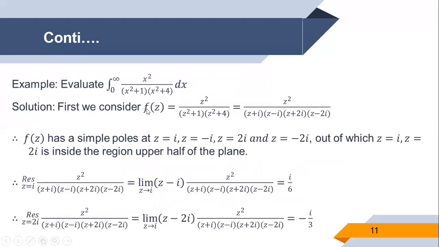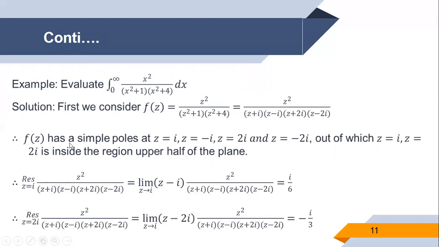So we first consider f of z is equal to z square upon z square plus 1 times z square plus 4. Now the complex factors: z square plus 1 gives z plus i, z minus i, and z square plus 4 factors as z plus 2i, z minus 2i. And the curve is the upper half of the plane.